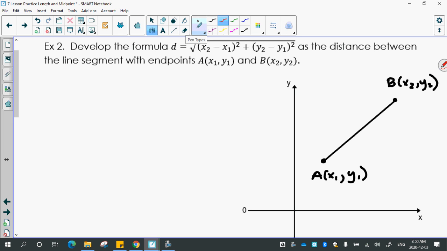And then with your ruler, we are going to create a right triangle. So draw across and down so that looks like you're making a right triangle here. Got the diagram drawn.